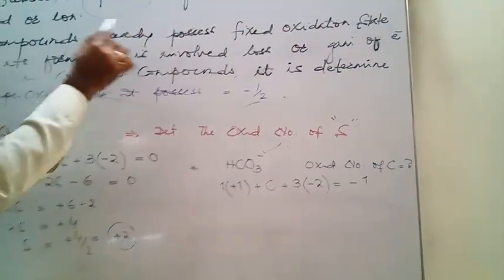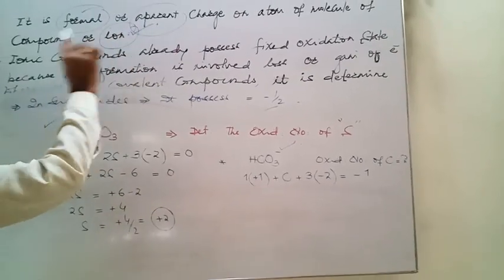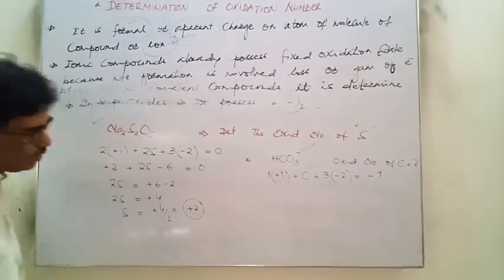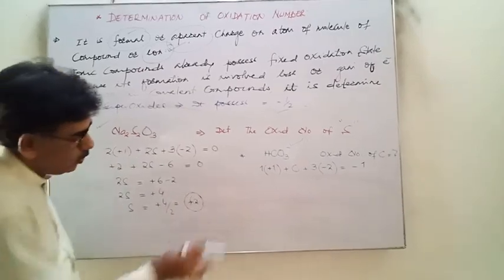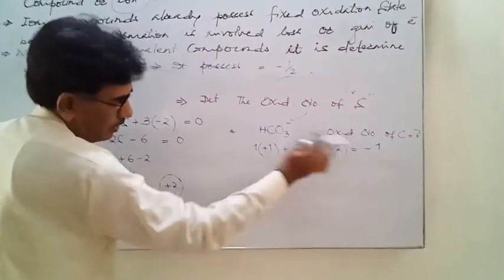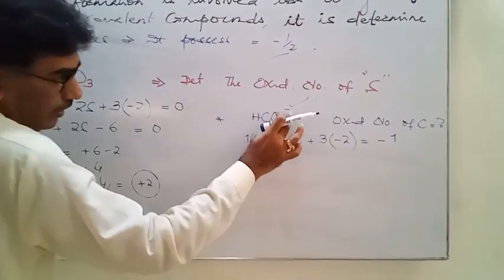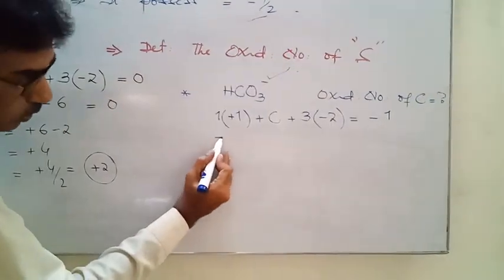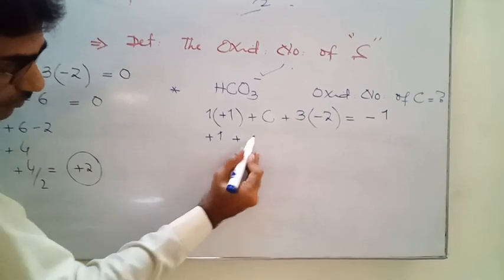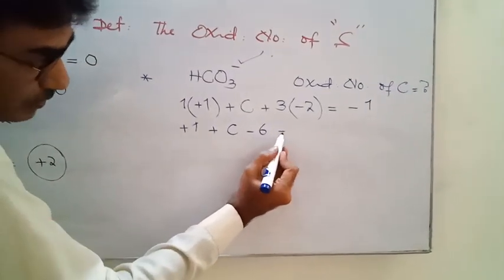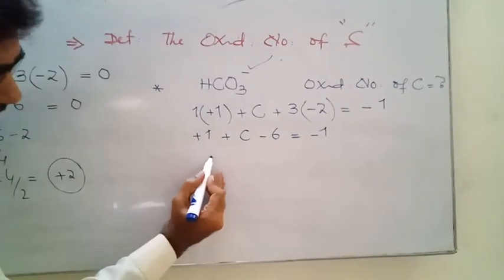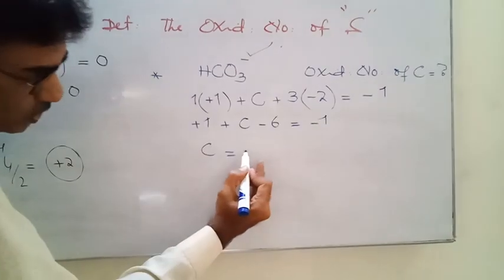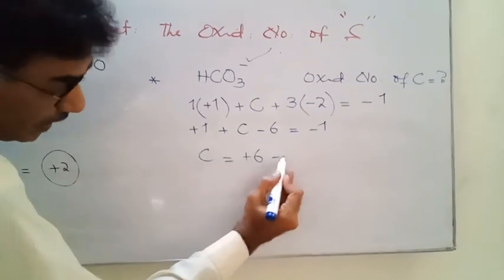In the definition part we can have another aspect other than the molecule of the compound, the ion. If the charge is negative, just write it like this, and if it is positive with a number, we have to mention the positive. So we have carbon plus 1 minus 6 equals minus 1, and this is shifted: plus 6 minus 1.